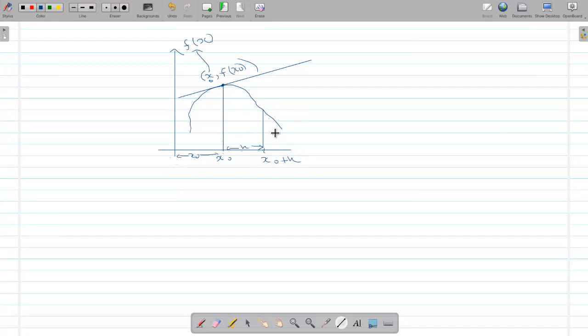Here the x coordinate is x0 plus h. Here the x coordinate is x0 plus h, and the y coordinate is f(x0).